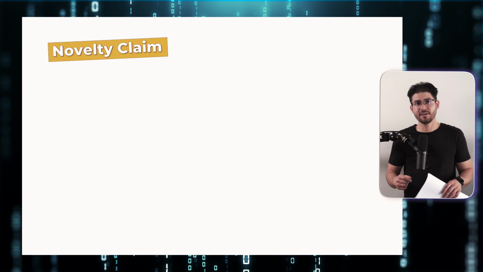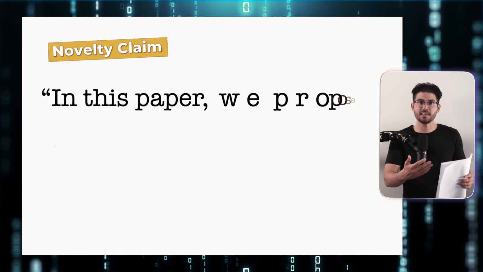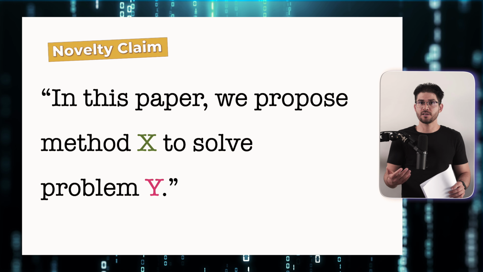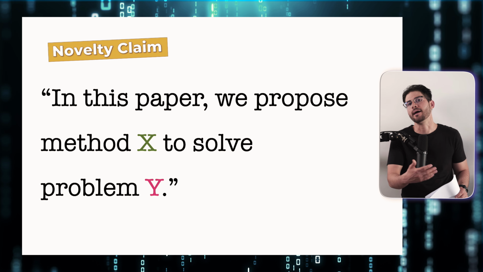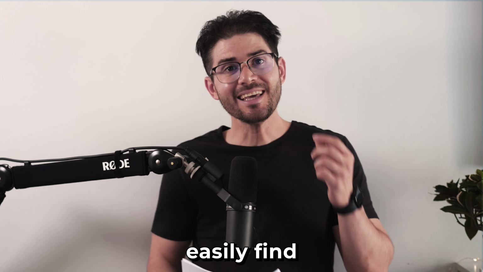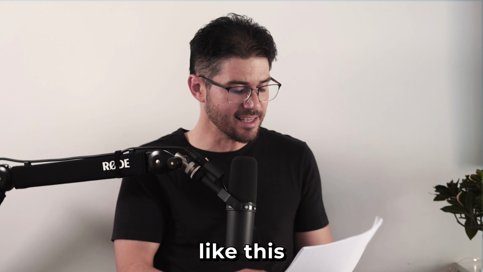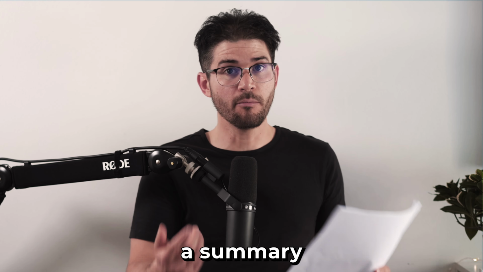It might read something like, in this paper, we propose a new method X to solve problem Y. So if I can easily find a sentence like this, or at least a summary of contributions, it is definitely a good sign. And as a reviewer, I don't want to waste time figuring out what the paper is all about.